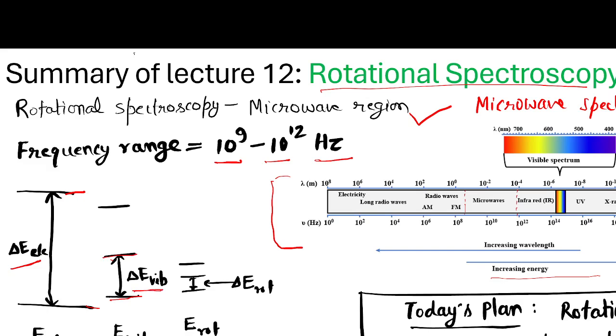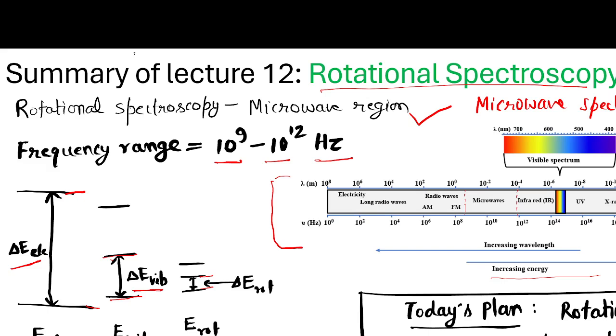Further, the energy difference between two rotational energy levels is very small compared to vibrational. So the conclusion from this expression is that the energy difference between two electronic energy levels is very high compared to two vibrational energy levels and then two rotational energy levels.